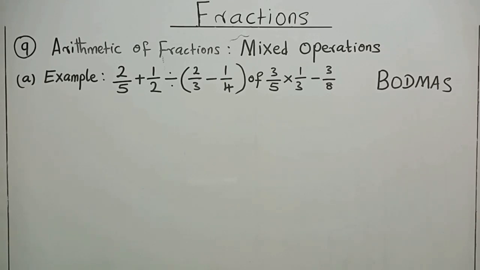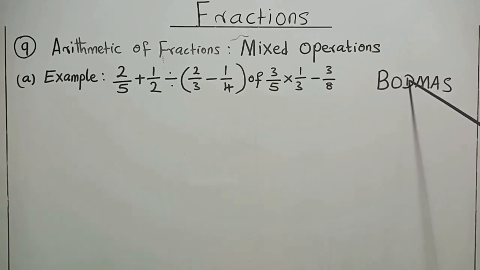This BODMAS is an acronym that directs us as to which number operation we should carry out first. It does not mean that you should insist that B must be in that number operation. It simply means if B is in that operation, do it first. If of is in that operation, it is what comes after bracket.